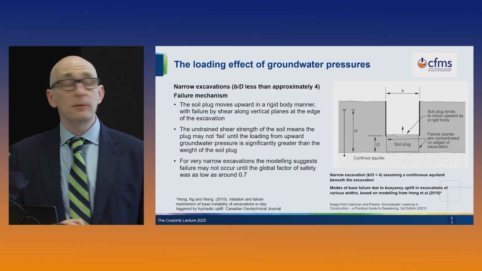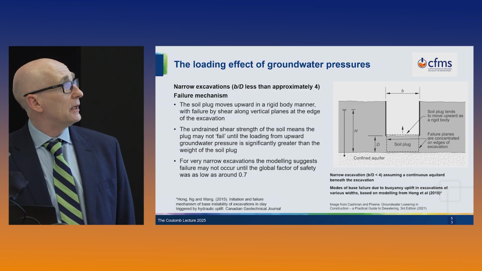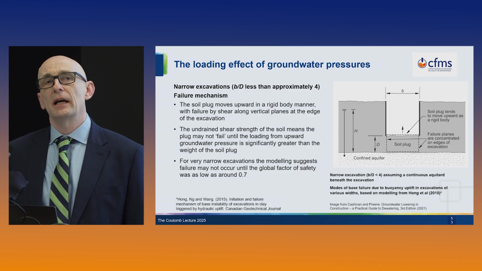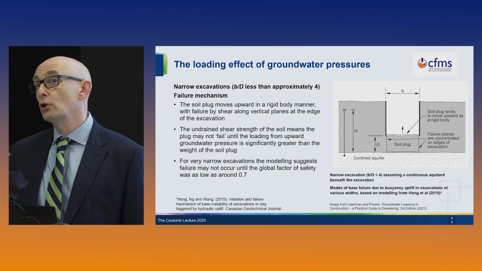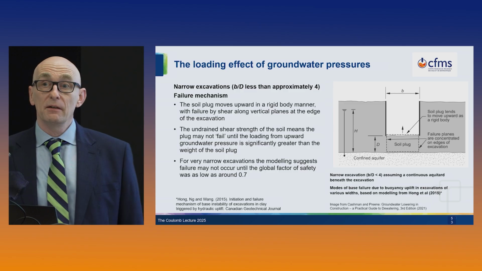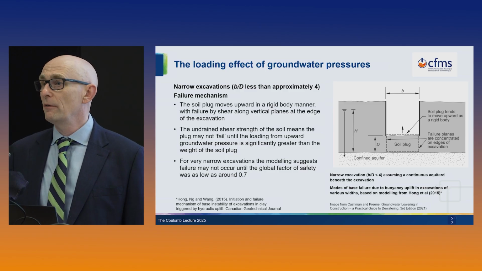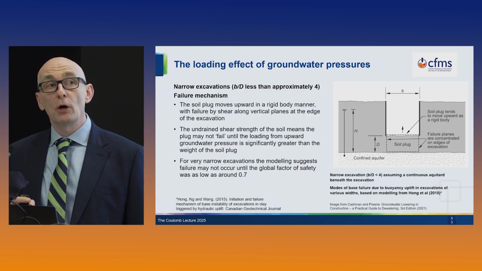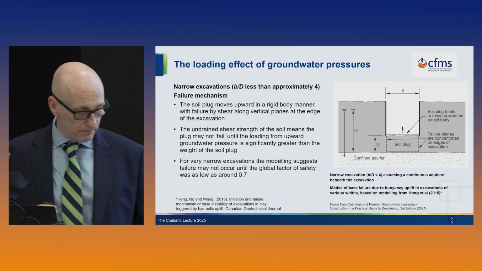And they found that the failure mechanism was in this geometry, this soil plug essentially failed as a rigid body moving upwards, so you had defined shear planes on either side. And they found that in this case the soil shear strength did contribute. And they figured out that when you looked at global factor of safety based on weight alone, then sometimes the excavation could be stable with global factor of safety as low as 0.7.